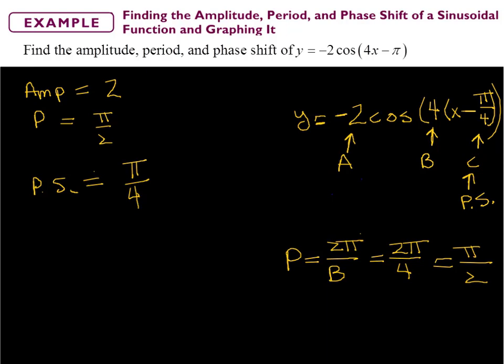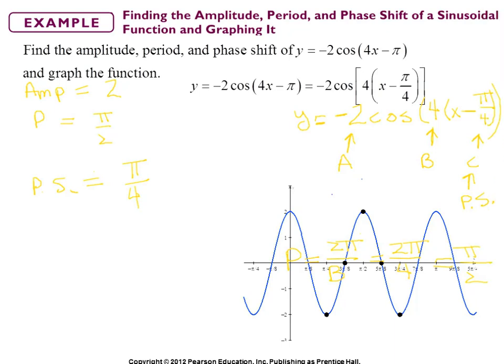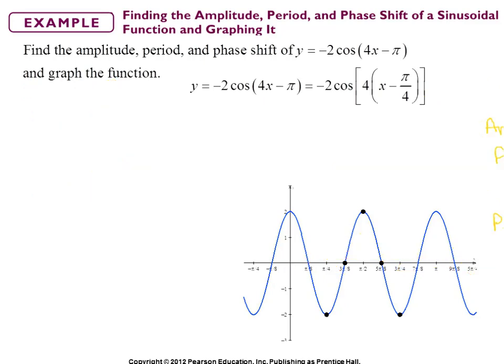Okay, good. And then the graph would look like this. Actually, that's not shifted. The amplitude is always positive. This graph is not right. Does everybody see that this graph is not right?